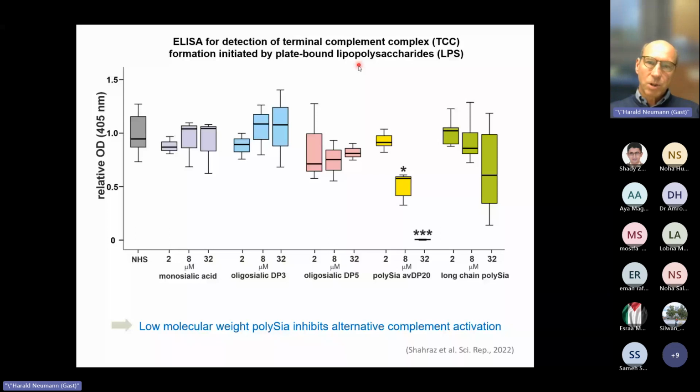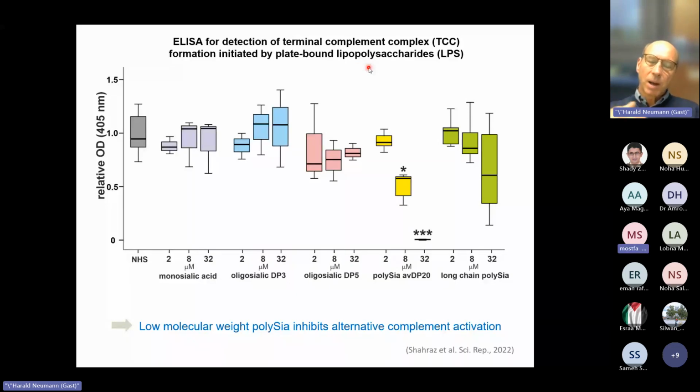You add human serum which is completely intact, so not heat treated. If you heat treat it, which we do very often for cultured cells, then you inactivate the complement by the heat treatment. So we take complement-intact human serum, and if you add this to this plate, the lipopolysaccharide will induce a complement cascade, an alternative complement cascade.